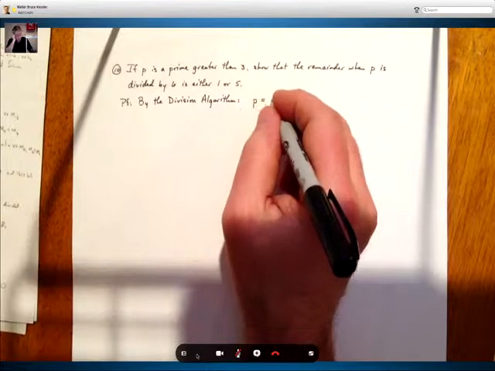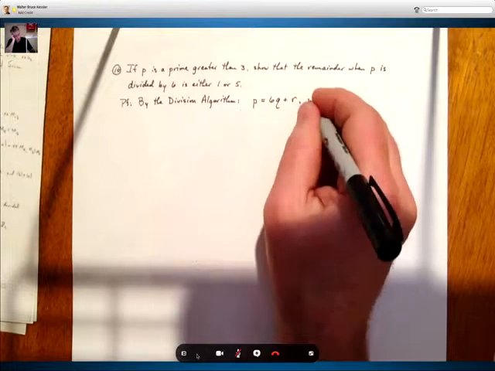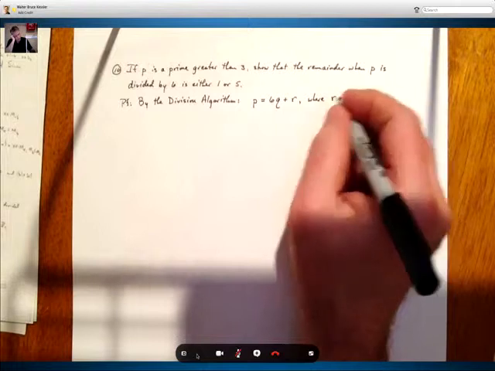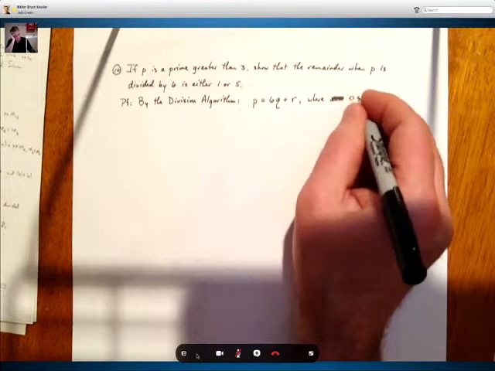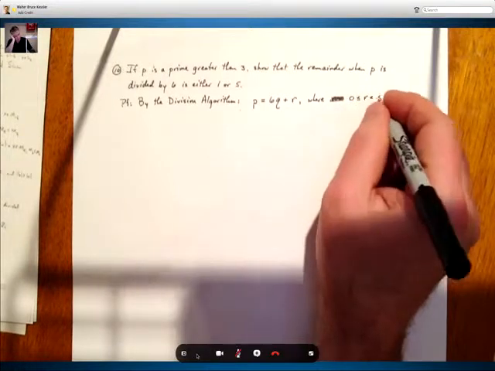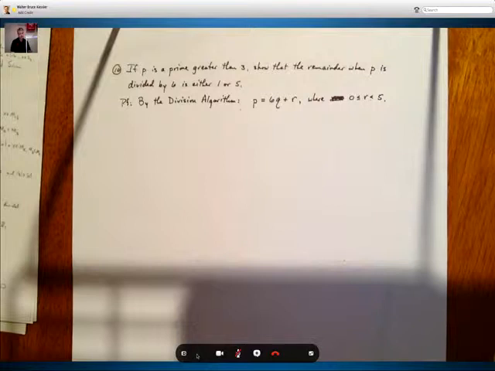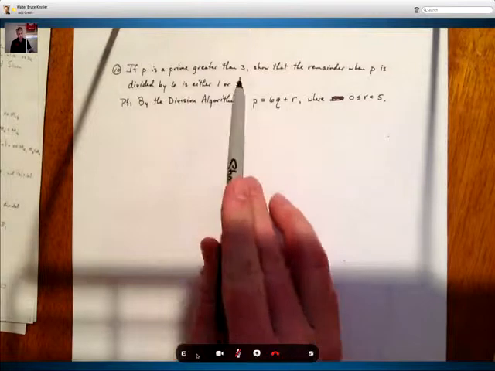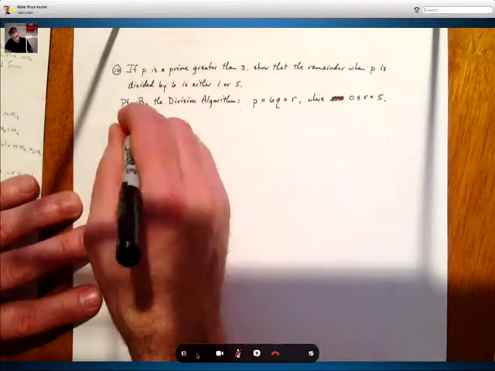We know that this prime can be written as 6 times a quotient plus a remainder, where the remainder is, I think I wrote it like this, 0 to 5. It's important to note that since the prime is greater than 3, then it can't be 4.